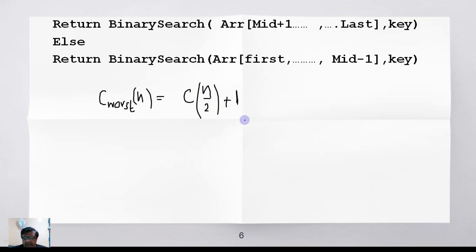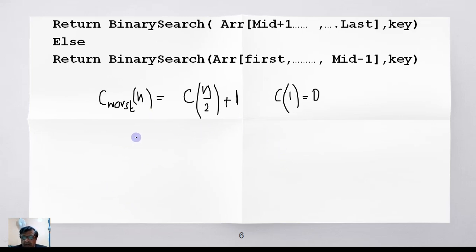The base case could be, if the number of elements is 1, there is no comparison at all. That is the middle element, so that is the key that is present, or it may be absent.